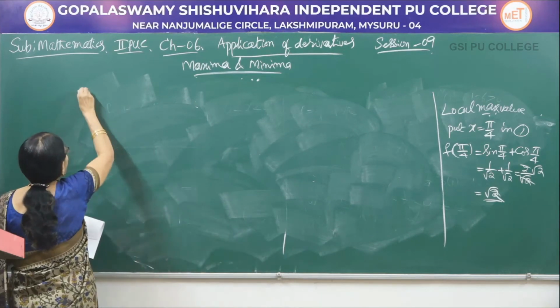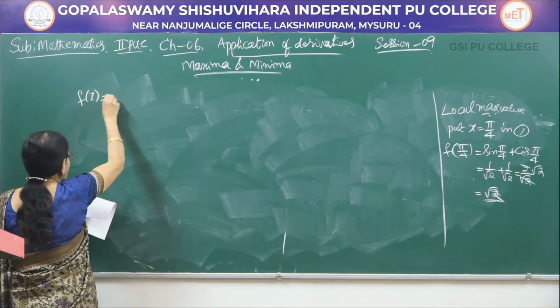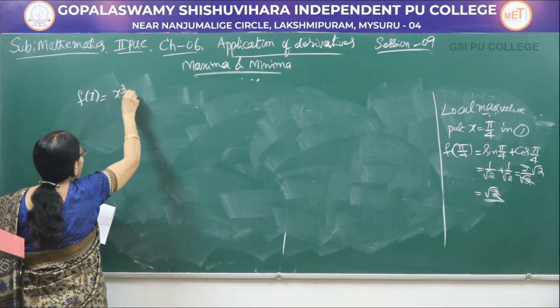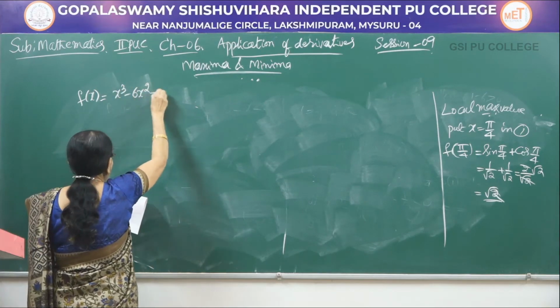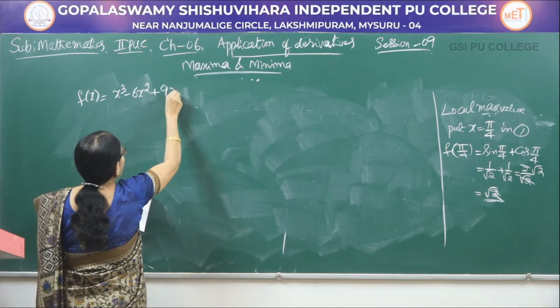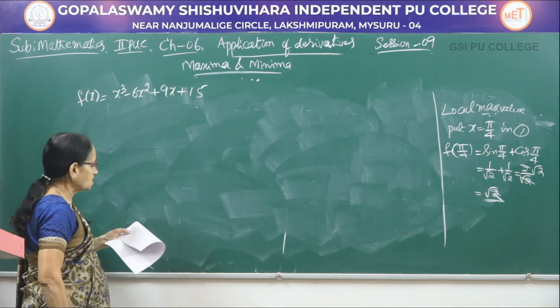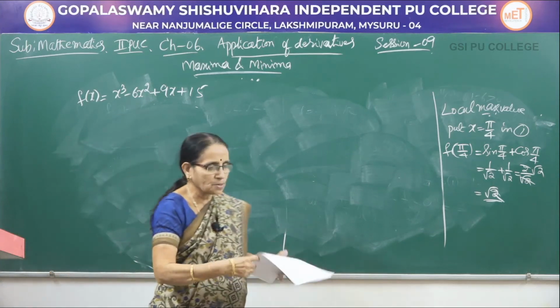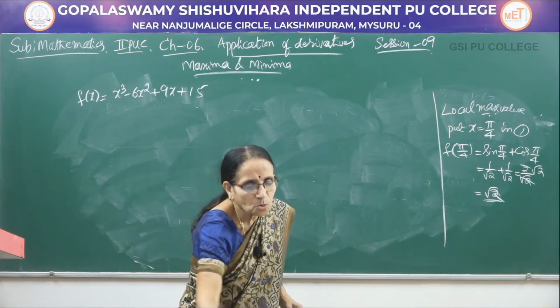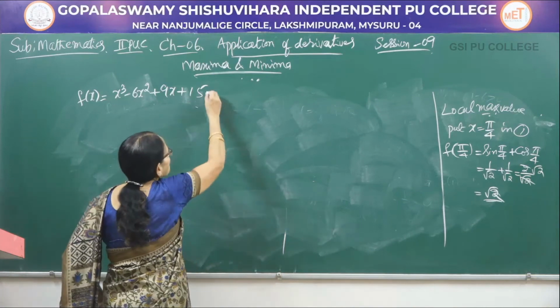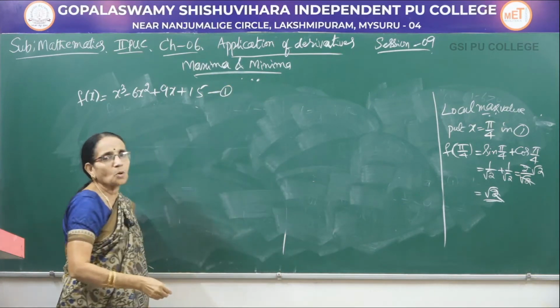Let me consider the next function. f of x is equal to x cube minus 6x square plus 9x plus 15. Now, as usual, let me take the given function to be equal to y.